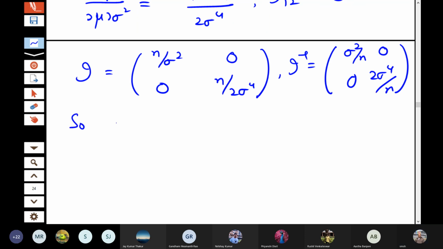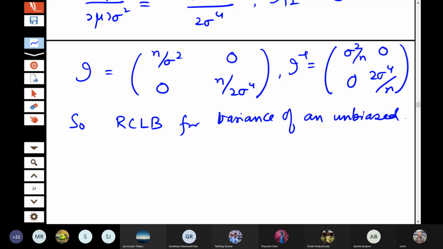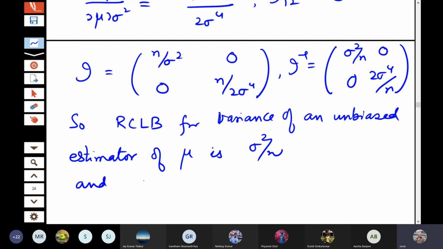So the lower bound for the variance of an unbiased estimator of mu is sigma square by n, and for sigma square it will become 2 sigma to the power 4 by n.